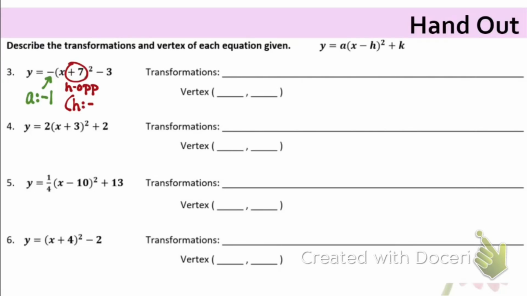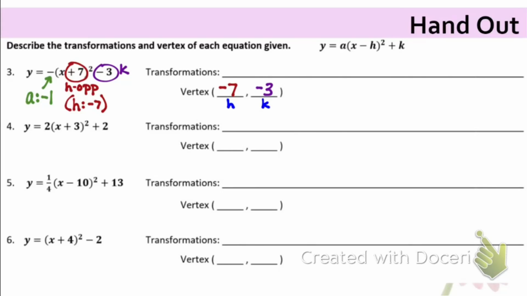H is -7. What is this -3 on the end then? K. That's K. Which pieces make my vertex? H and K. So what is the vertex for this parabola? -7, -3.